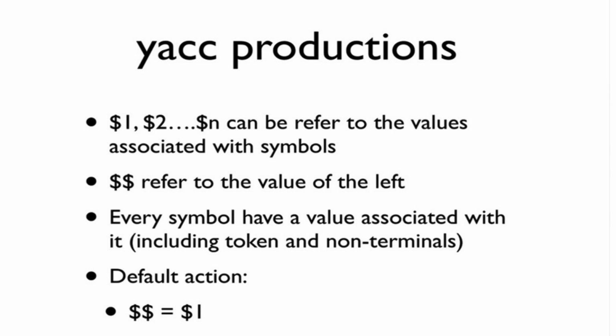So the left side of the production, the non-terminal, we refer to it by double dollar, $$. And on the right hand side of the production, every symbol is referred to as $1, then the second symbol as $2, then the third symbol as $3, and so on. Fine. So these are associated with the symbols, and this double dollar refers to the value of the left side of the production. Fine. Every symbol has a value associated with it. Fine. And the default action is $$ = $1. This is the default action if you don't write any action.